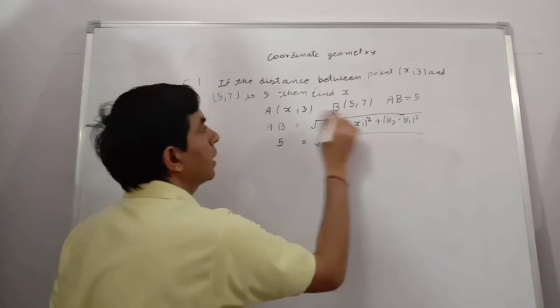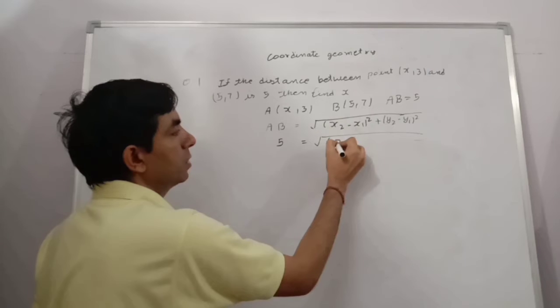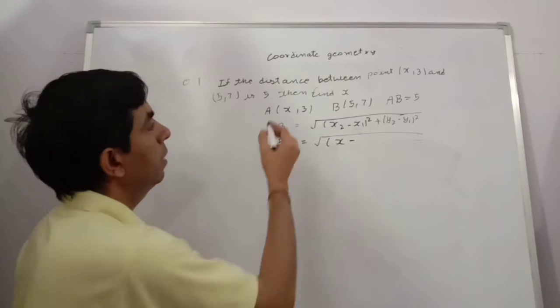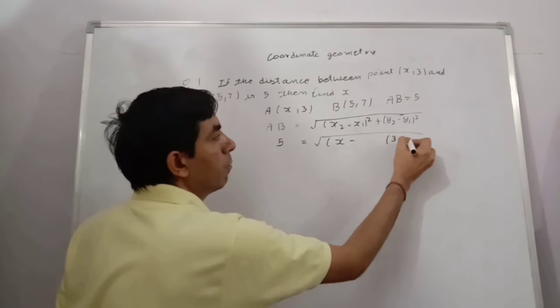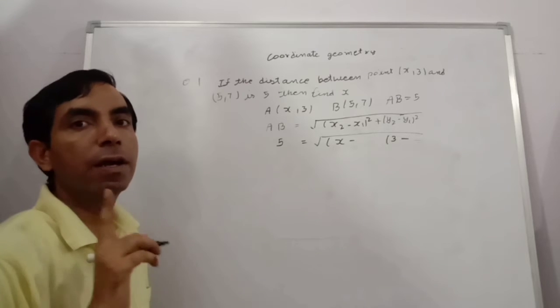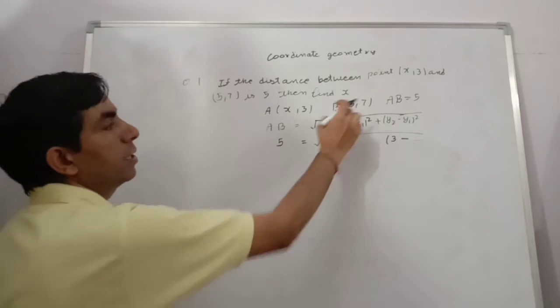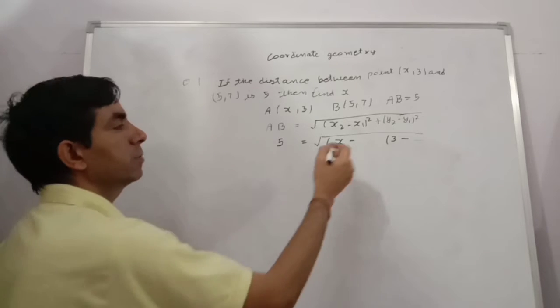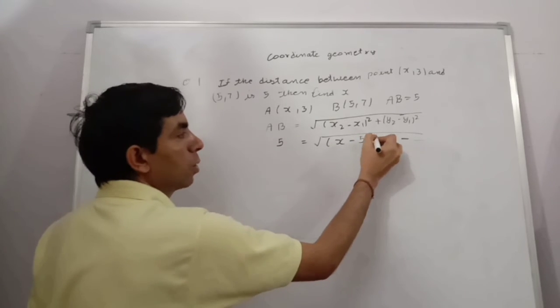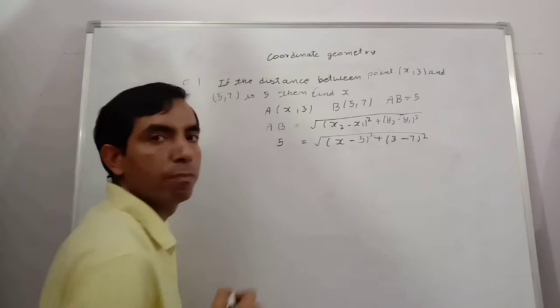This time I am taking x2, y2 as (x, 3). So x2 is x and y2 is 3. We remember that x1, y1 are written in the formula after changing the sign. Here the sign is 5, so we change it to minus 5, whole square, plus (3 minus 7) whole square.